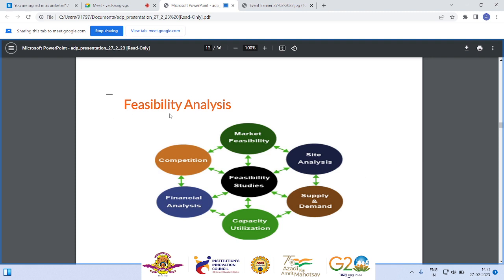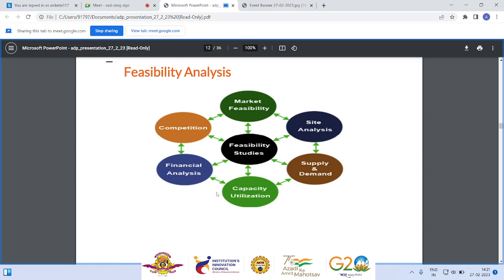It completely depends upon the feasibility analysis that includes capacity utilization, supply and demand, site analysis, market feasibility, competition, and the financial analysis that is taken into consideration.